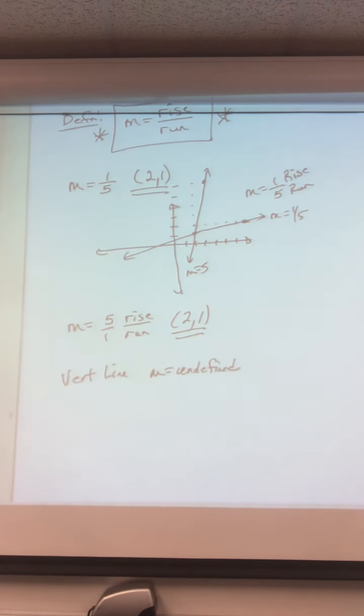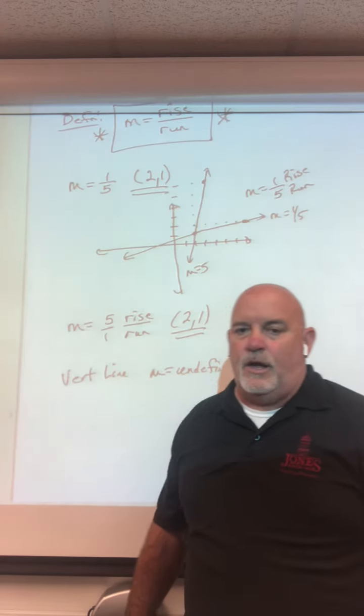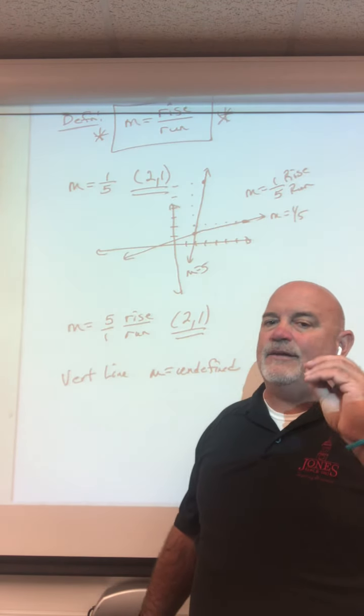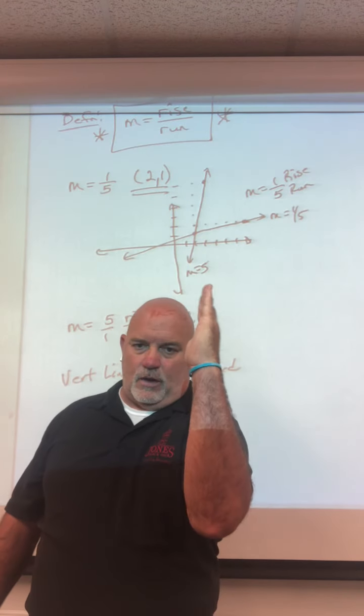A vertical line has an undefined slope. And again, the reason is it's so big we just don't put a number to it. So the only kind of line that we do not give a slope to is a vertical line.